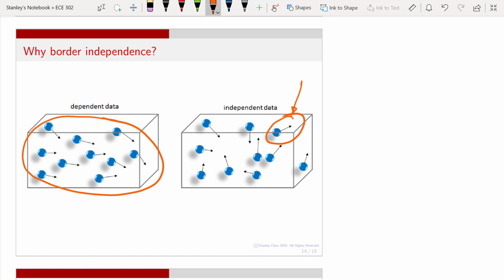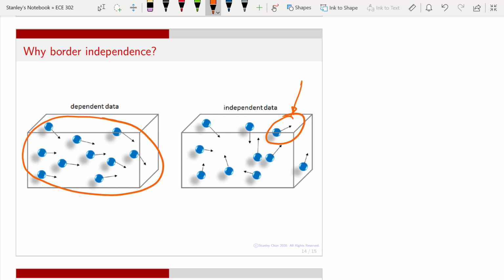It could be that this molecule is very far away from that one, and so they have less dependency. And then these two are close together, so they have a higher dependency. Then analyzing all these data points together will become a lot harder. So we will use this notion of independence often when we go to the topic on multiple random variables.